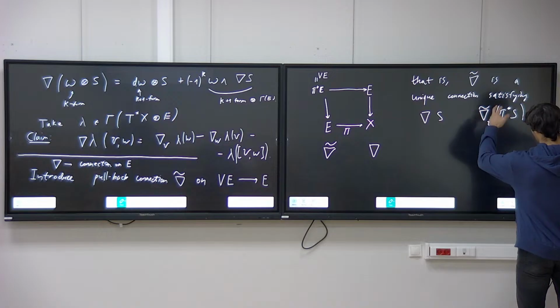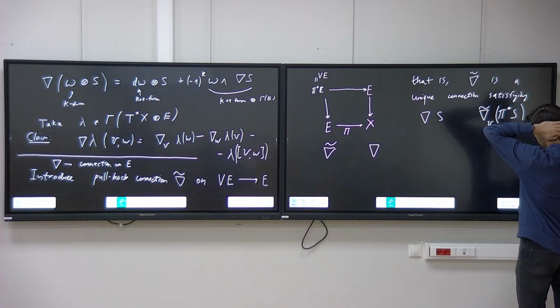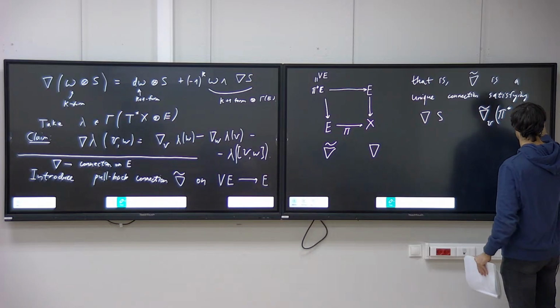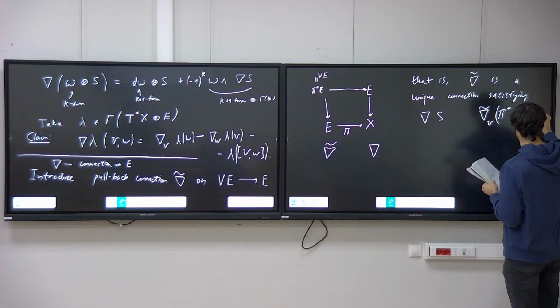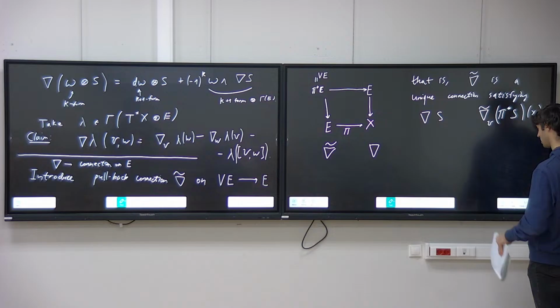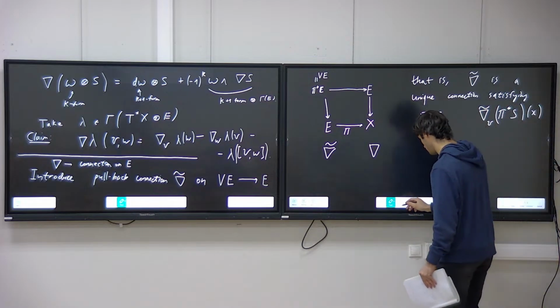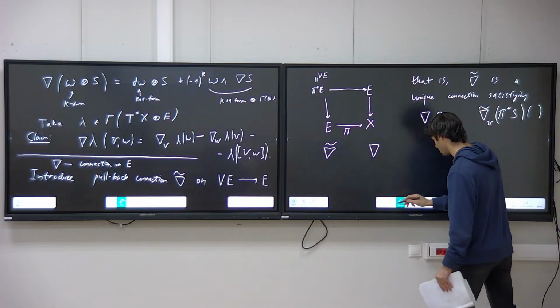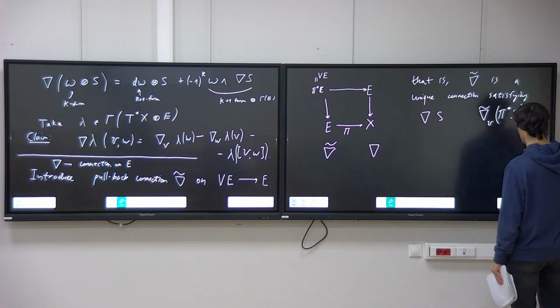Well, I can relate it at a point x. Well, here it should be not x, but rather some p, since it's all going on at the top of p, so this should be p.